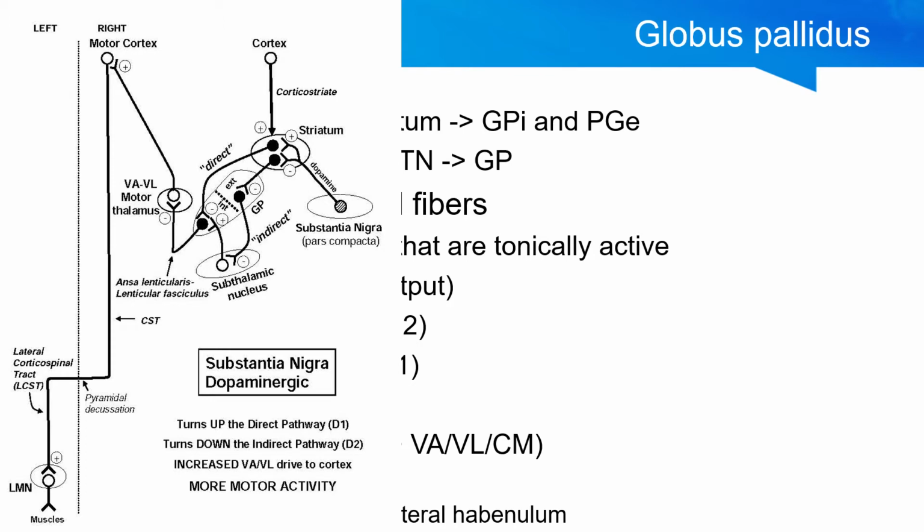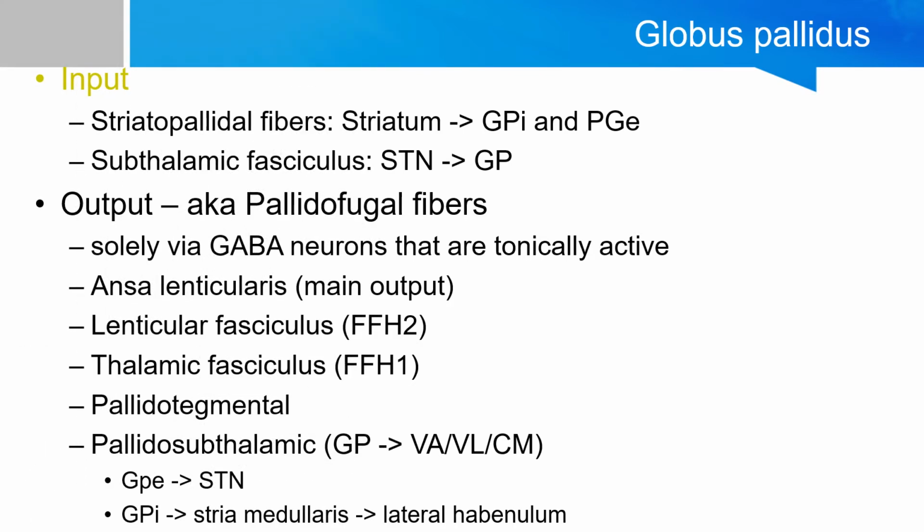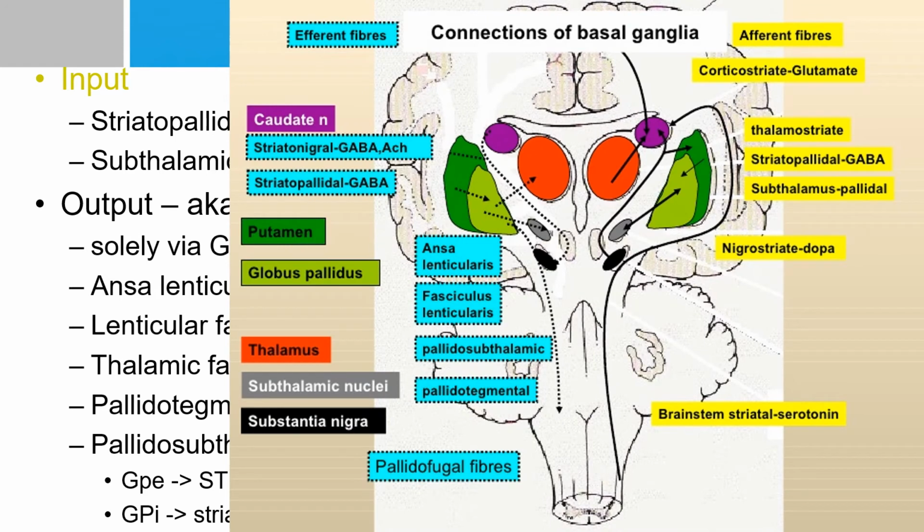The two sets of fibers that carry this information are called the striatopallidal fibers, which carry information from the striatum to the globus pallidus, and the subthalamic fasciculus, which carries information from the subthalamic nucleus to the globus pallidus. Those two systems are illustrated in this figure here, the striatopallidal fibers and the subthalamopallidal fibers, which is the subthalamic fasciculus.